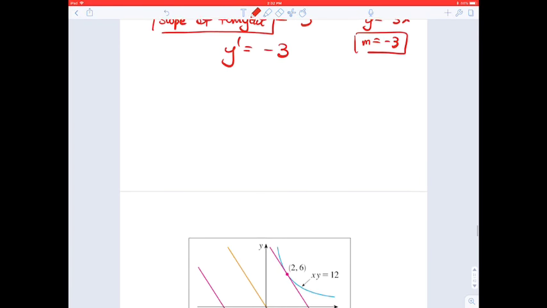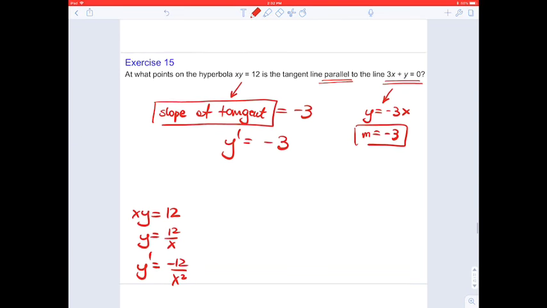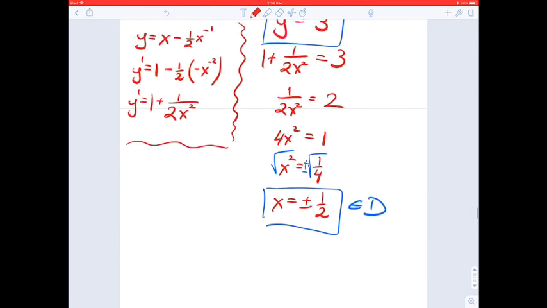Let's compute the derivative. This is the hyperbola xy equals 12. Let's solve for y: 12 over x. That means the derivative will be negative 12 over x squared. It's 12 and then the derivative of x to the negative 1, which we just did here.